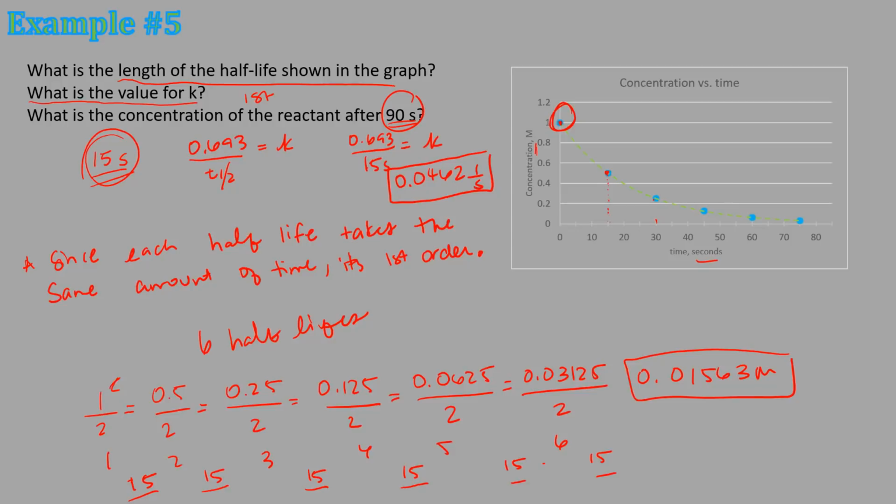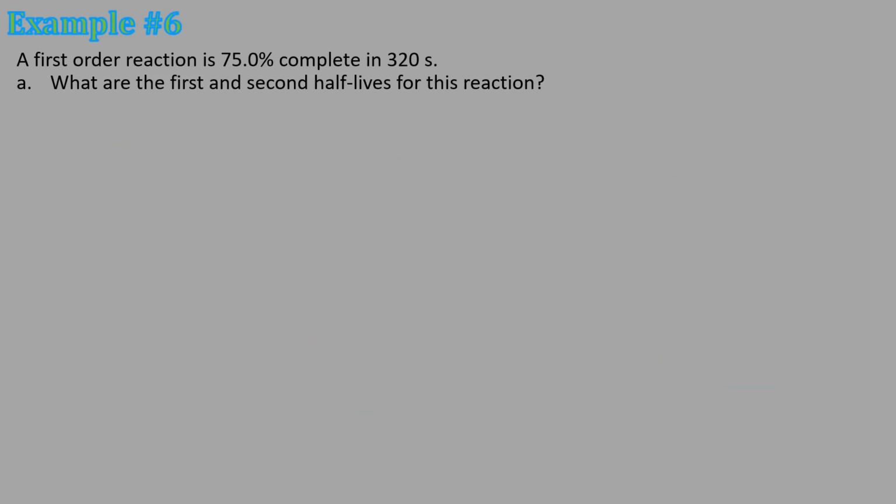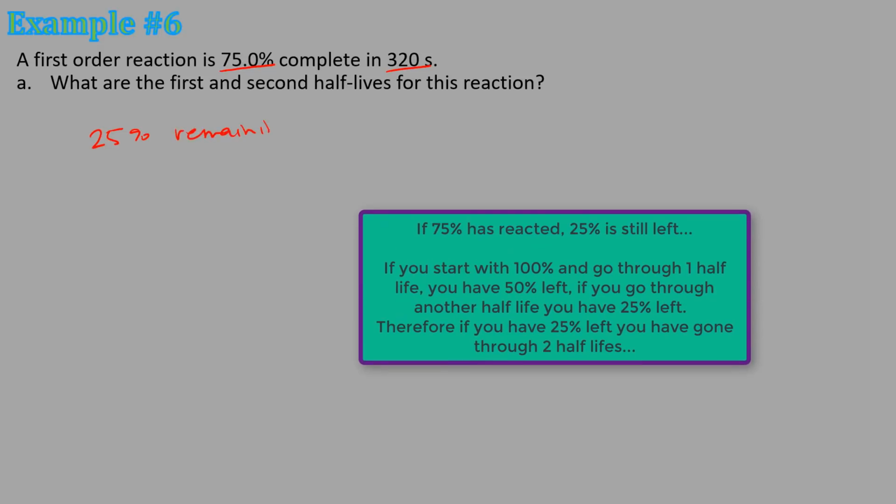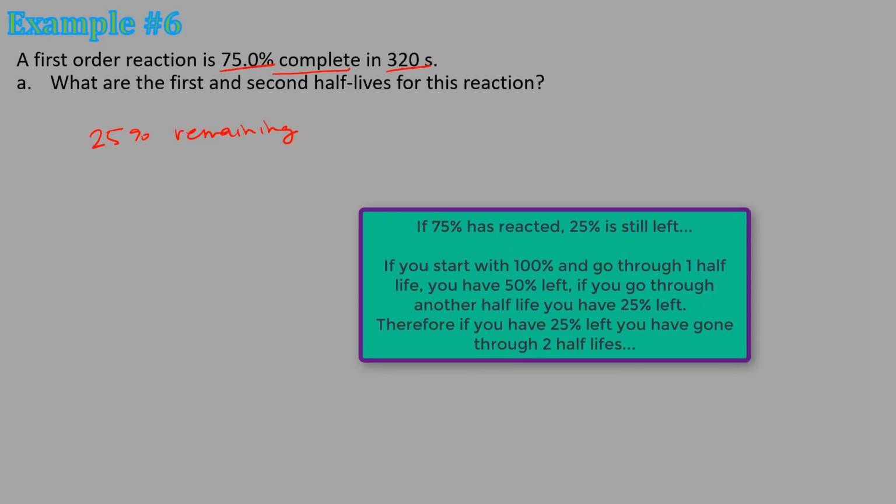All right, next. It says the first order reaction is 75% complete in 320 seconds. What are the first and second half-lives for this reaction? So if it's 75% complete in 320 seconds, that means there's 25% remaining if 75% is complete.